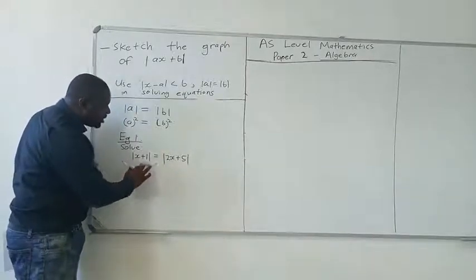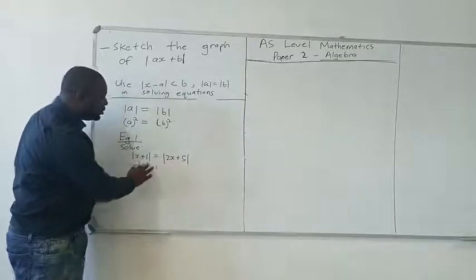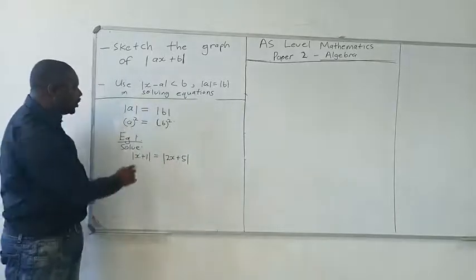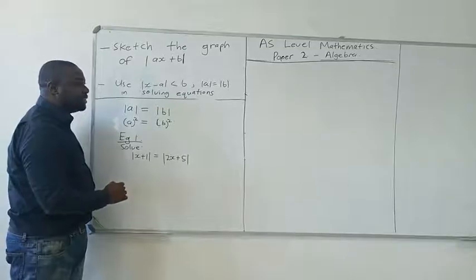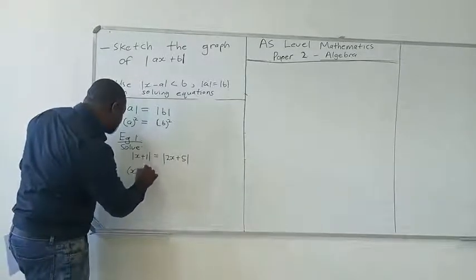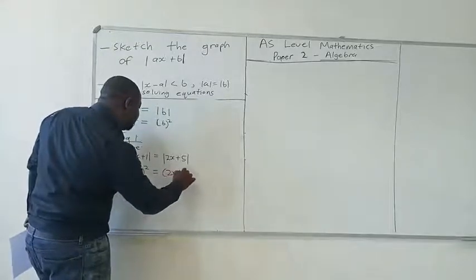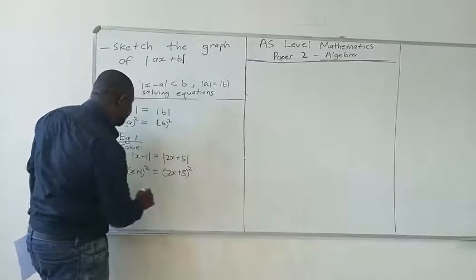So when the modulus appears on both sides and there's an equal sign, we square both sides. So it's going to be (x plus 1) squared is equal to (2x plus 5) squared.